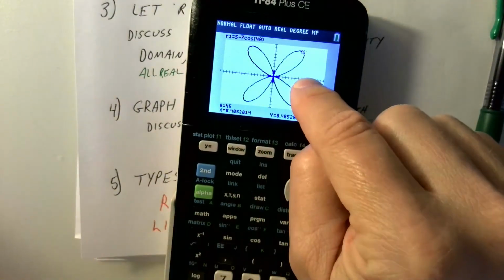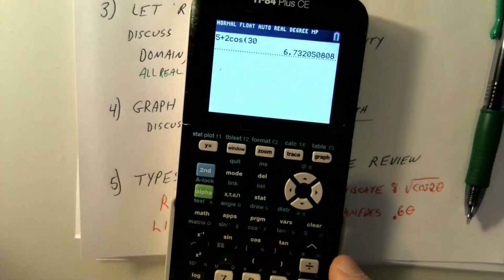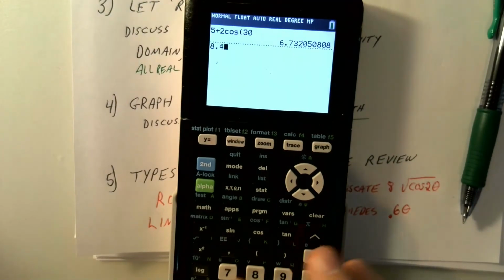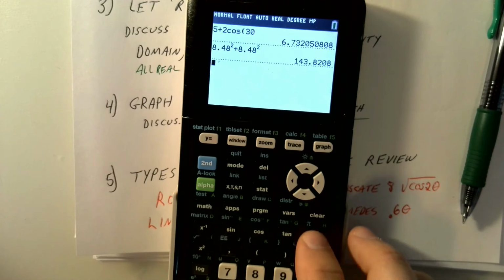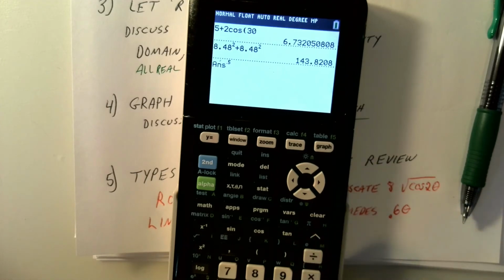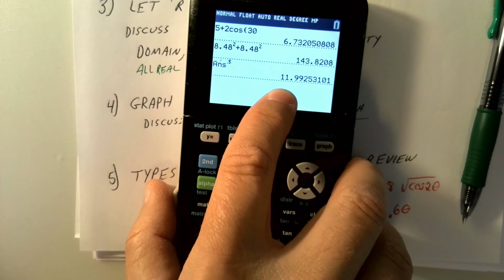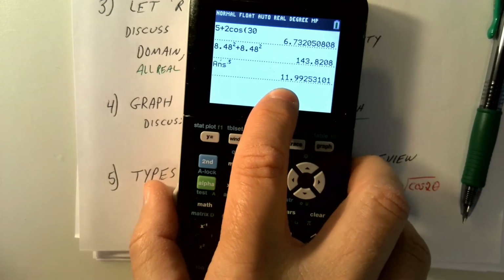So if my horizontal is 8.48 and my vertical is 8.48, then I believe that's an isosceles triangle. So if I do 8.48 squared plus 8.48 squared, enter, and I raise that to the 1/2 power, or square root that, you can see that I get 12. So my little petals were 2, and my big petals were 12.